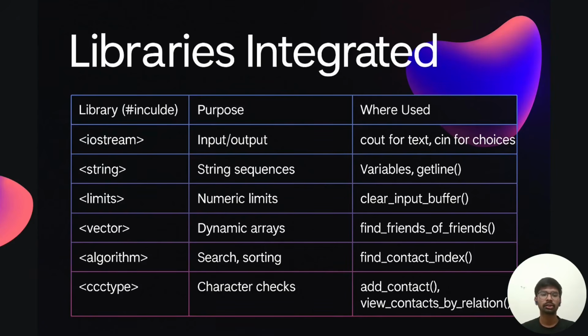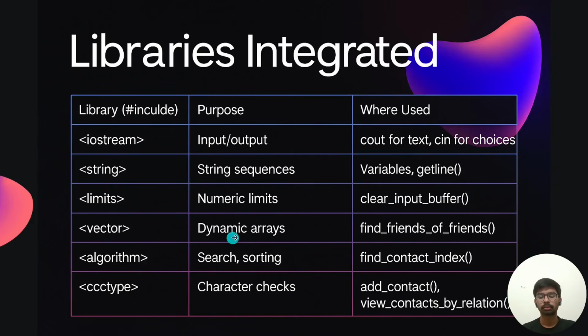Let us see the libraries that we integrated to complete the project. We integrated iostream, whose purpose is for cin, cout. We integrated string because we use string variables all along and also for getline. We integrated the limits library for numeric limits for creating functions like clear input buffer.